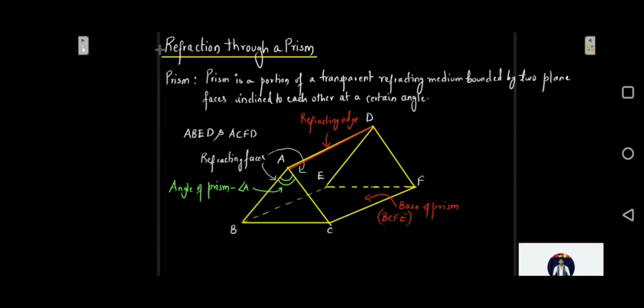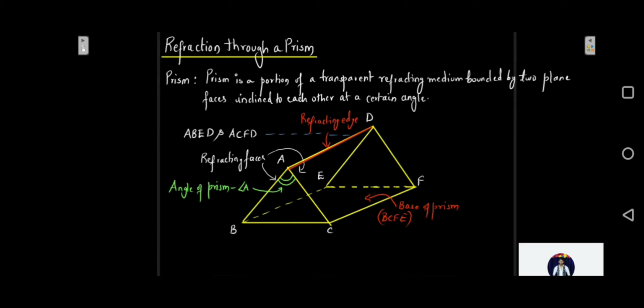Supposing I cut this prism along a plane which is perpendicular to the refracting edge. In between, I take a section of it, such that the plane is exactly perpendicular to this edge. Then that would be called the principal section.